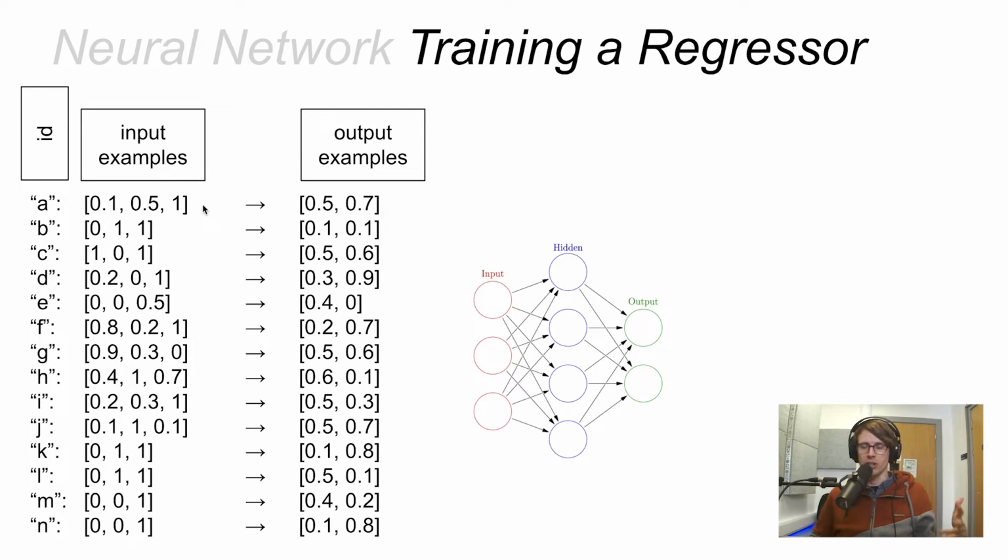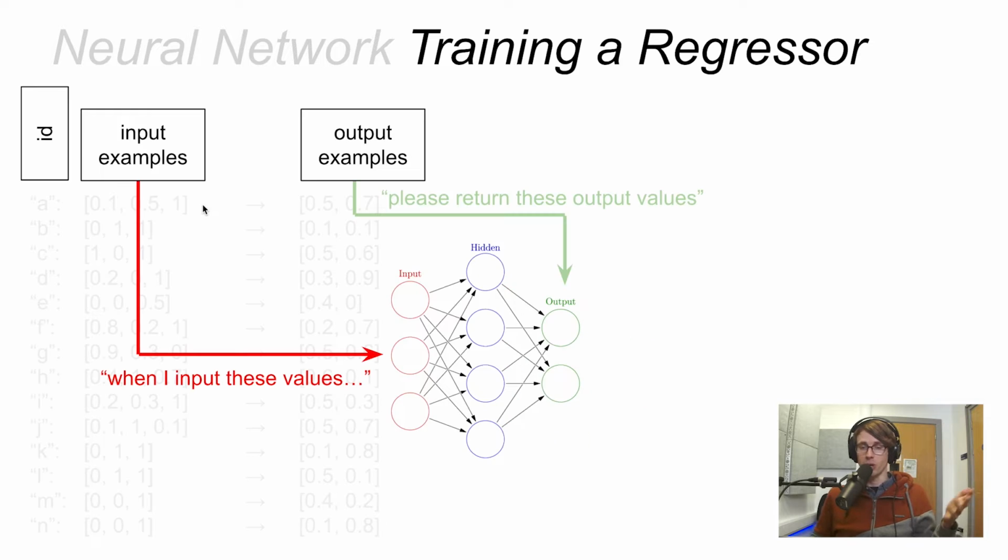What we're going to do with all these examples is take them one by one and feed them into the neural network. We're going to send the input example into the input of the neural network, and at the same time we're going to tell the neural network, when I show you these input values, I would like for you to return these output values.